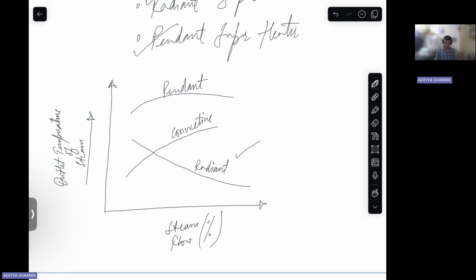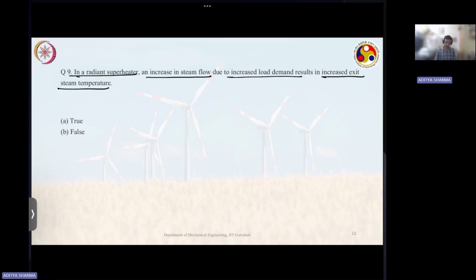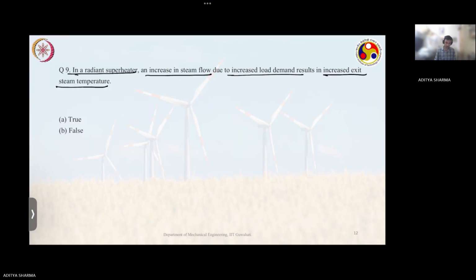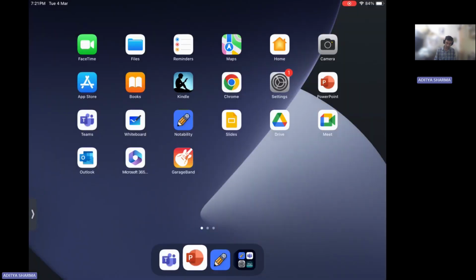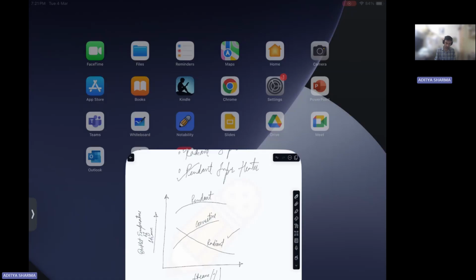For your radiant type of superheaters, you have seen that with an increase in your steam flow, the heat transfer rate decreases, and thus the outlet temperature also decreases.